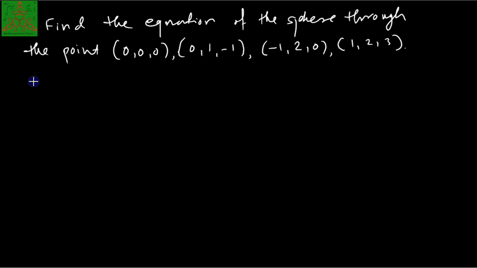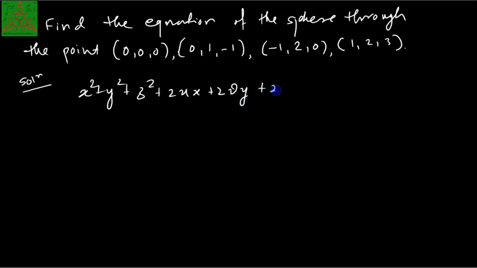We know that the general equation of the sphere is of the form x square plus y square plus z square plus 2ux plus 2vy plus 2wz plus d equal to 0. The general equation of the sphere can be represented in this way.